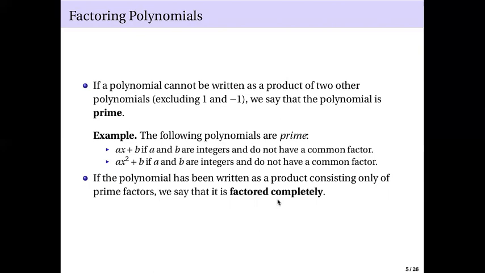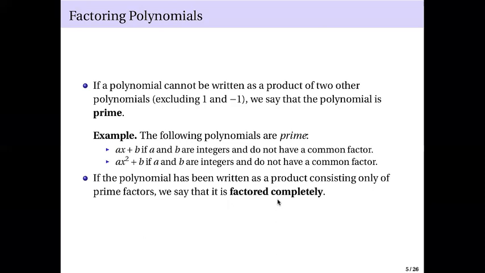Then we have factored the polynomial completely, okay? So the question is, how do we factor these polynomials completely?